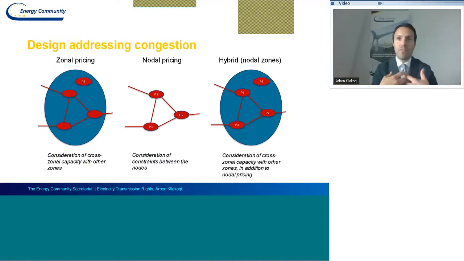The design of the market which addresses the congestion, there are on a high-level basis three types of design.